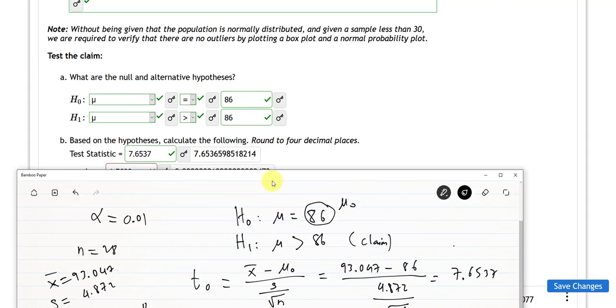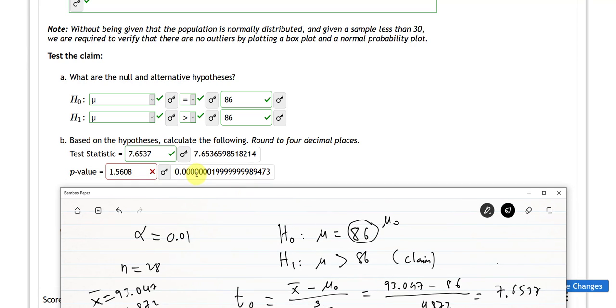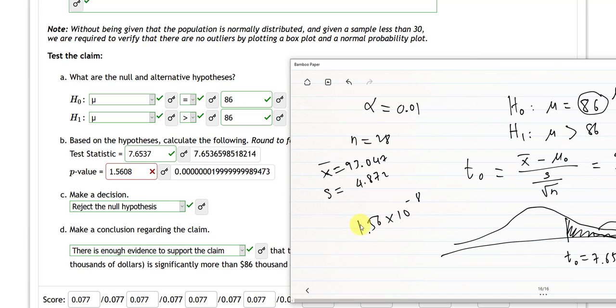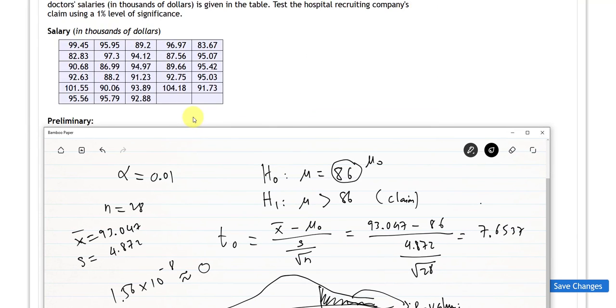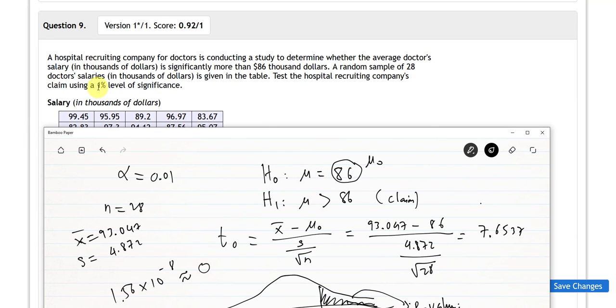This is extremely small, and you can consider it almost 0. So think of the p-value as approximately 0, which is, of course, less than the level of significance alpha, which is 0.01.